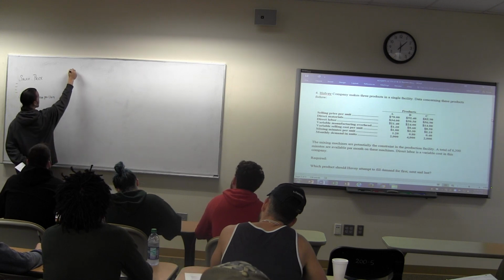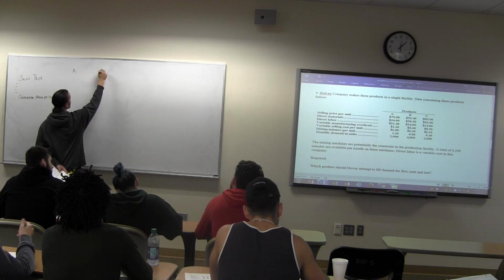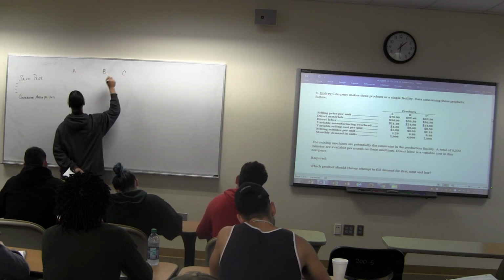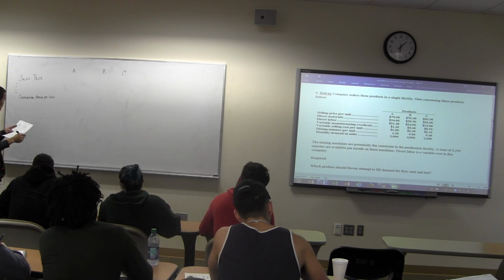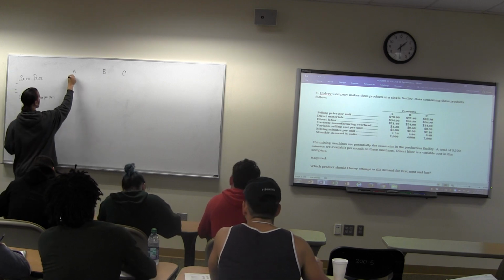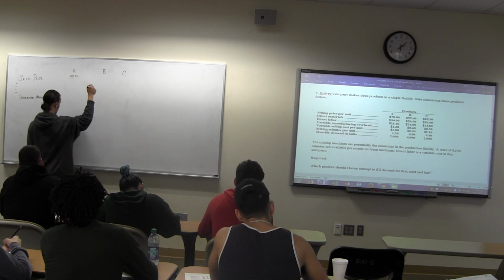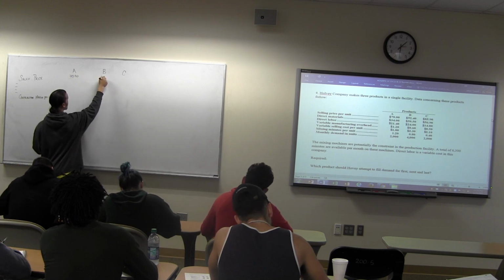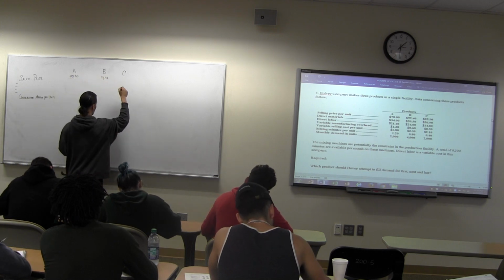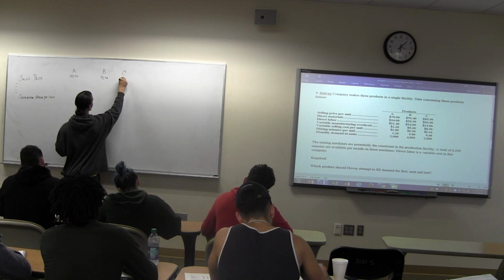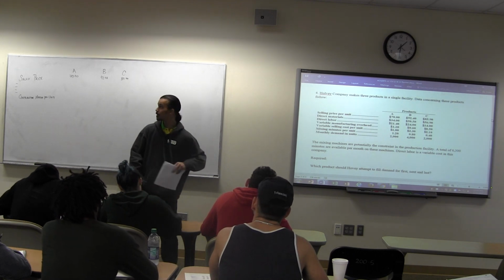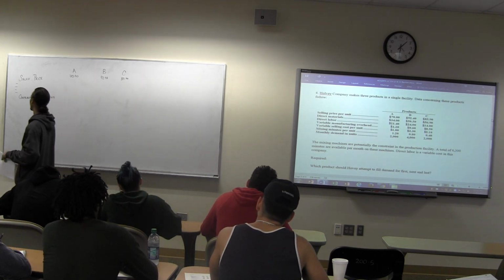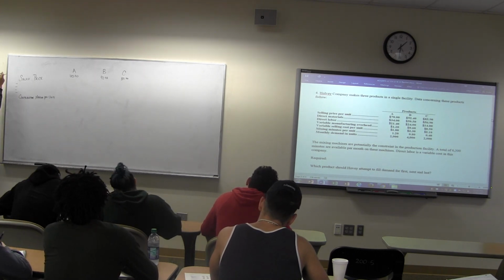So I have product A, product B, and product C, right? Product A sells for $70. Product B, $92.40. Product C, $85.90.